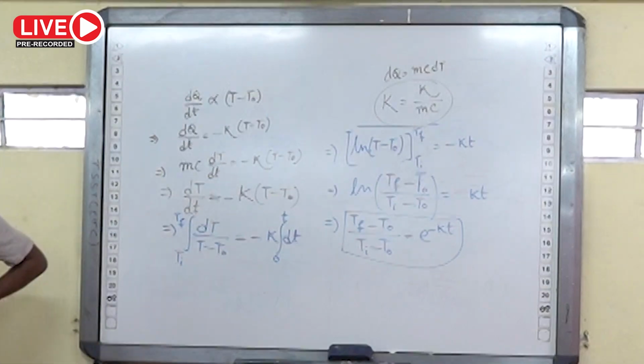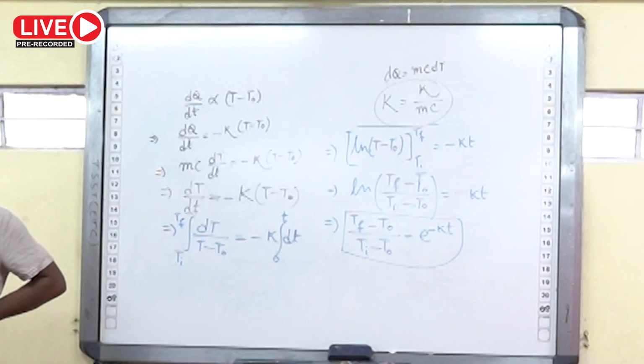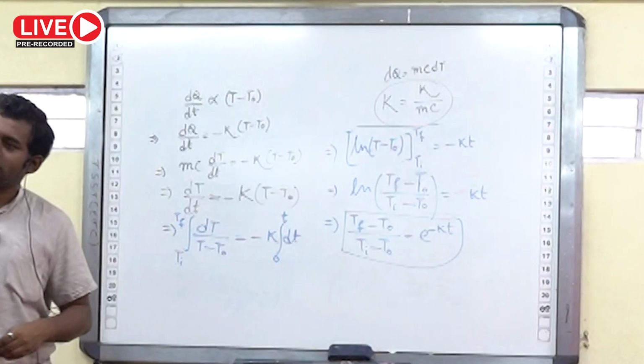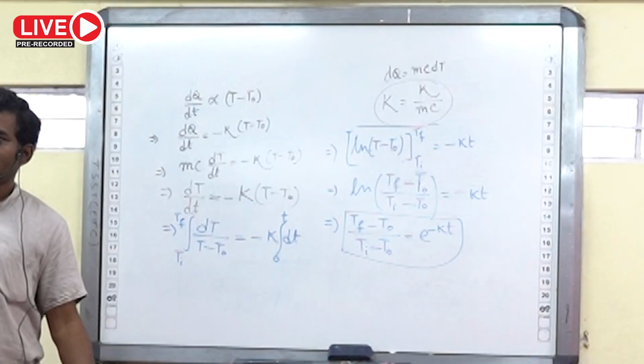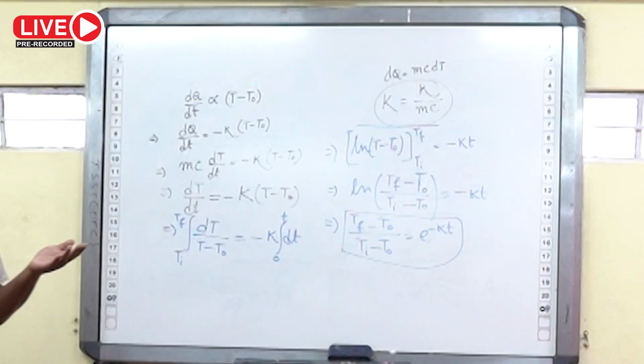Now, what will be the final temperature of any object which is radiating heat where the surrounding temperature is T naught? The temperature of the body is Ti initially, and it is radiating heat.